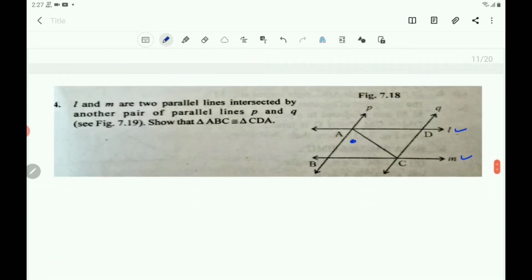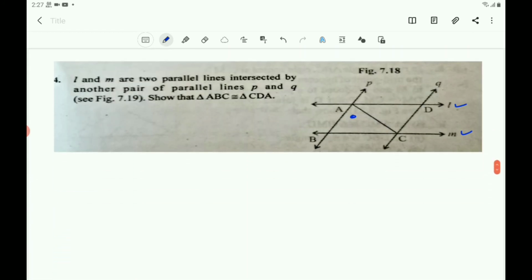Now let us come to the fourth question. What is that question? L and M are two parallel lines intersected by another pair of parallel lines P and Q. Show that triangle ABC is congruent to triangle CDA. Here two parallel lines are there, L and M. L and M are parallel to each other and P and Q are also parallel to each other.